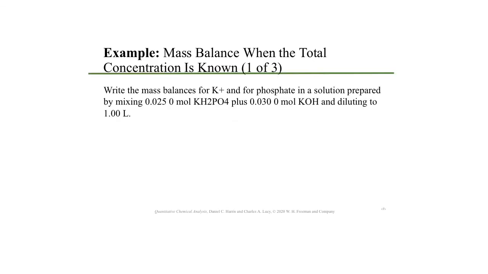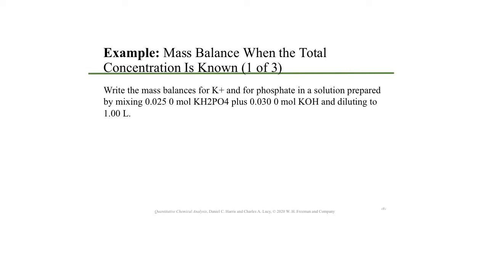So looking at this mass balance, we could say that we know the concentration of K plus, and we know the concentration of all the phosphate species, but we don't know anything really about OH minus. So we could set up 2 mass balances here.